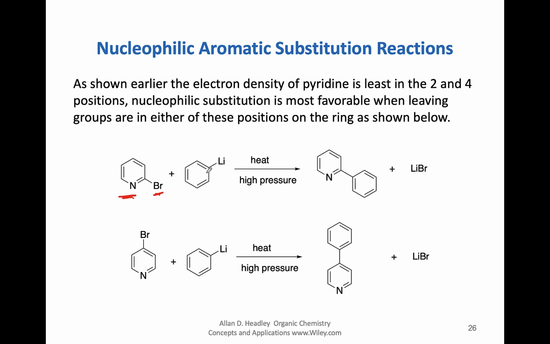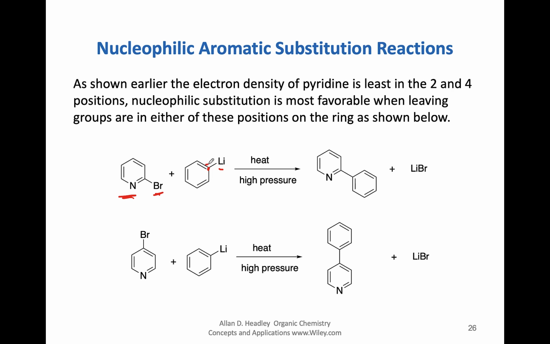Here is our nucleophile. As you will recall, this is an organometallic. Lithium is to the left of the periodic table. Carbon is to the right. So this is a polar bond where this is partially negative, in fact almost ionic.